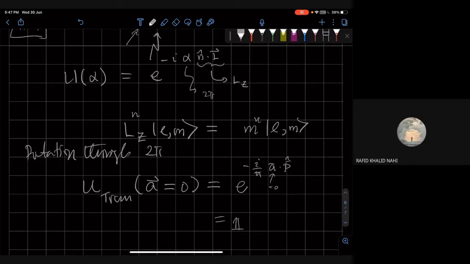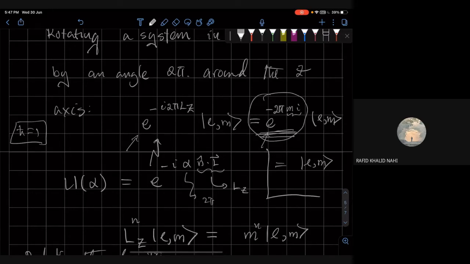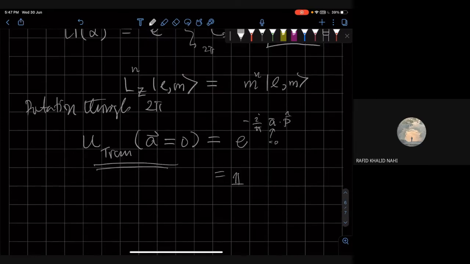Now, is that clear? Yes, sir. Okay. So this thing is equal to this thing. So what can we write about this? This has to be 1, because this is nothing but rotation by 2 pi, which is equal to no net translation, right?